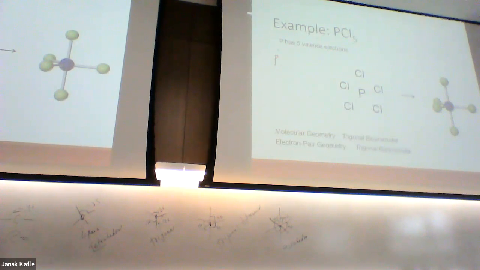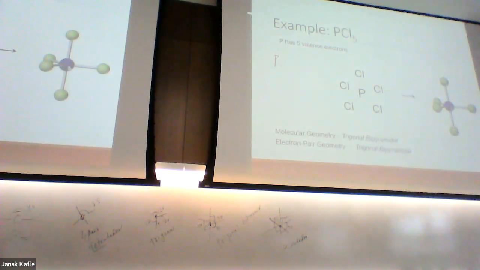So this is a PCl5 molecule. What is the PCl5 molecule? I already showed you. Five atoms are connected to the center one. When you look in the book, they write it this way, but in reality the molecule looks this way.